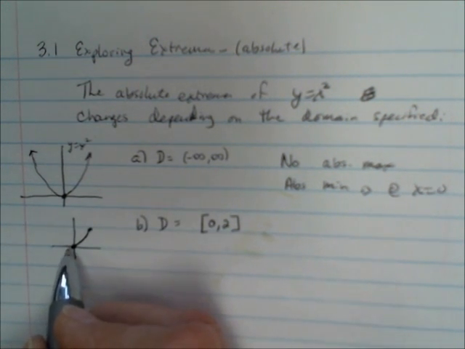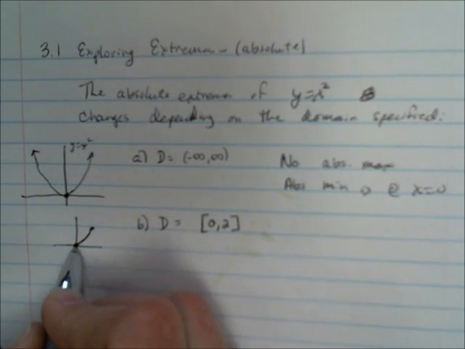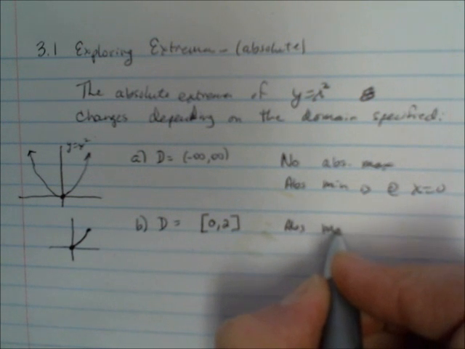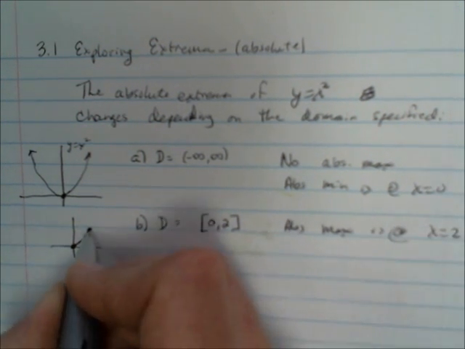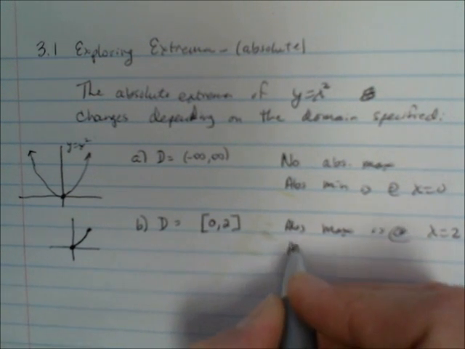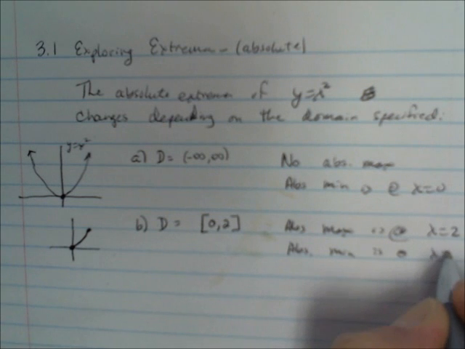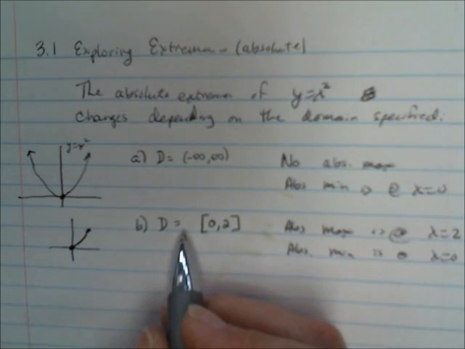So there's the domain. Now this one does have an absolute max and it does have an absolute min. The absolute max is at x equals 2 because it's included in here, and the absolute min is at x is equal to 0. So that's looking at this restricted domain.